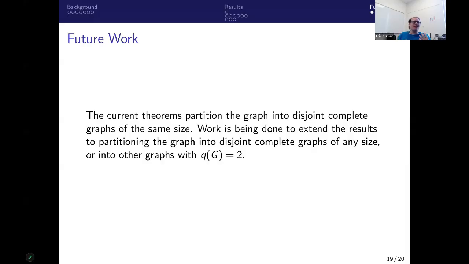How do you massage that in and make it work? Or maybe is there a way to extend these results so that you could partition a graph into different graphs with q equal to 2, or the same graph with q equal to 2? Anyways, those are the things that we're working on.